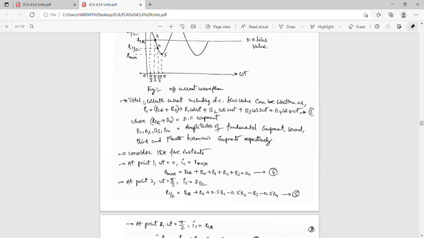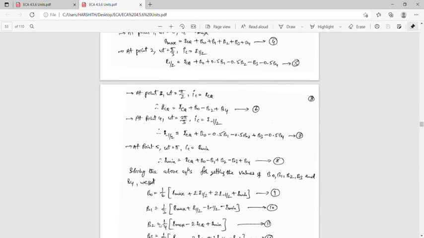At point 4, omega t equals 2 pi by 3, and in this waveform we can take the values. Solving the above equations simultaneously for the values of B0, B1, B2, B3 and B4, we get the formulas.